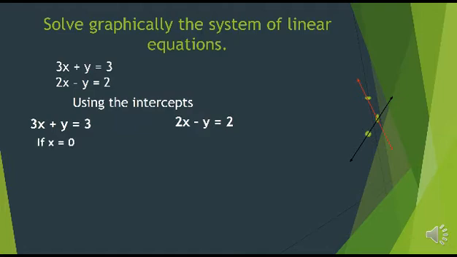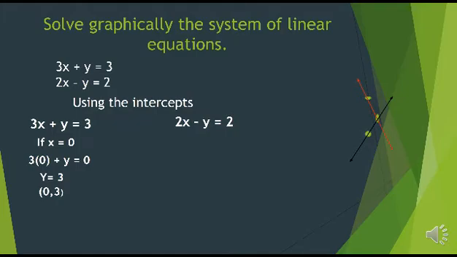We're going to use the other method, using the intercepts. If x is equal to 0, then 3 times 0 plus y is equal to 3, so y is equal to 3. We have the solution (0, 3).